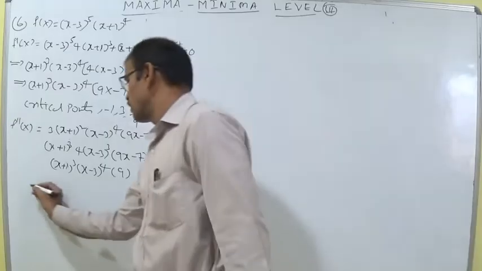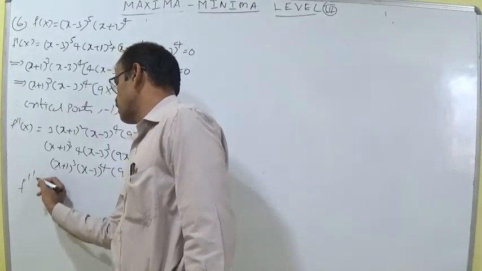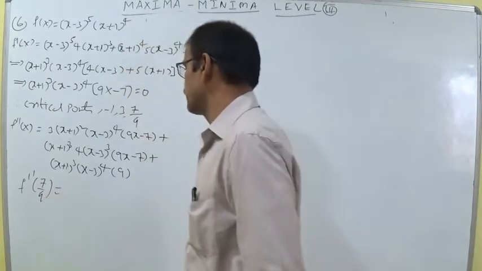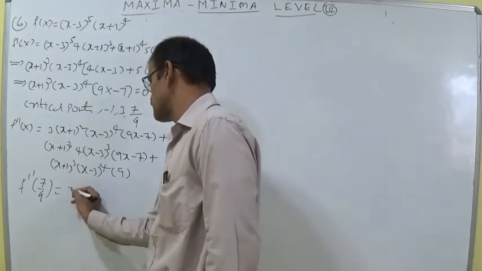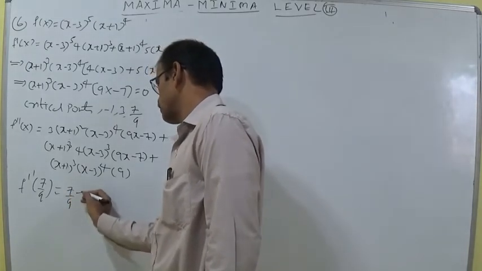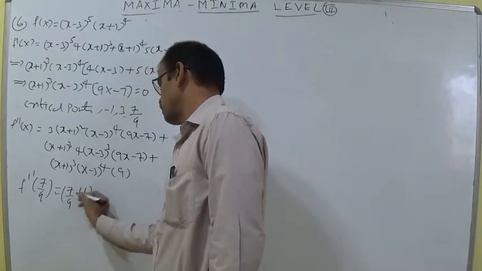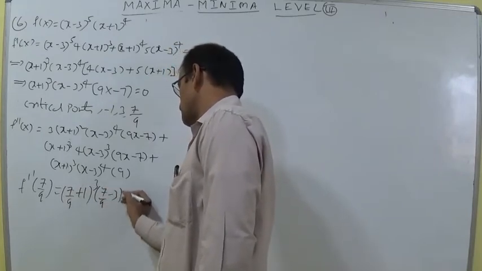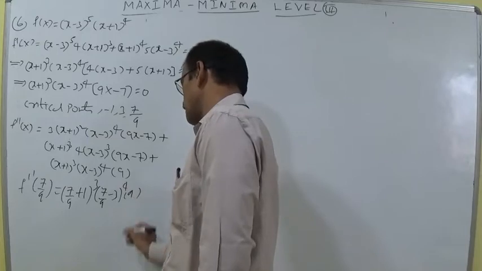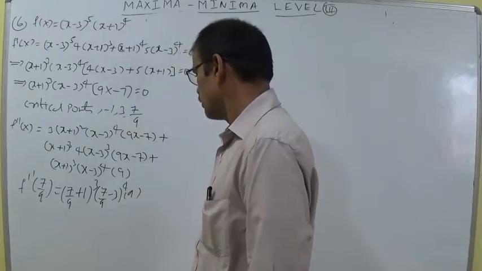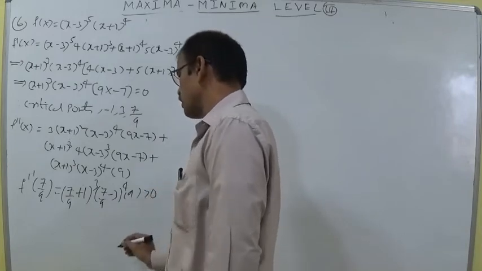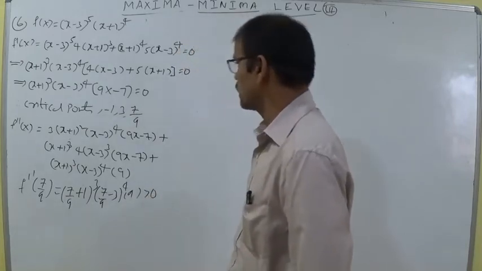Now, let us discuss f''(7/9). Here you substitute 7/9 plus 1, whole cube, into (7/9 - 3) whole power 4, into 9. This is positive, this is positive, this is positive. So f''(7/9) is greater than 0, we got.